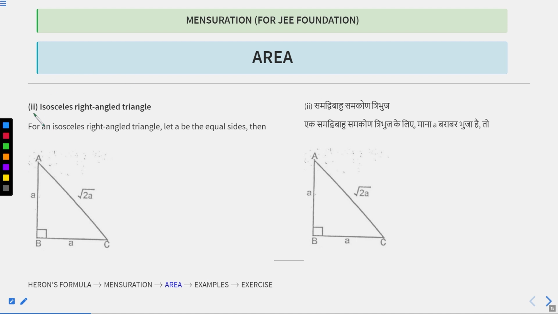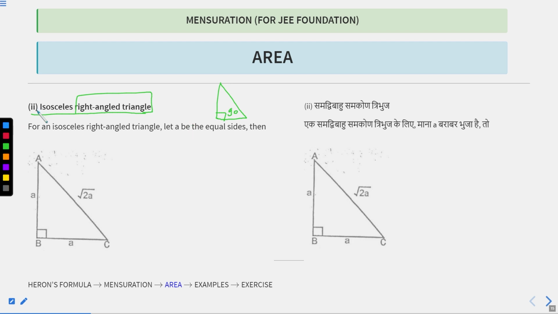So what do we mean by an isosceles right angle triangle? In a right angle triangle you already knew that one of the angles must be 90 degrees.